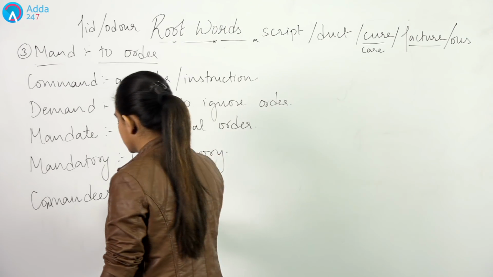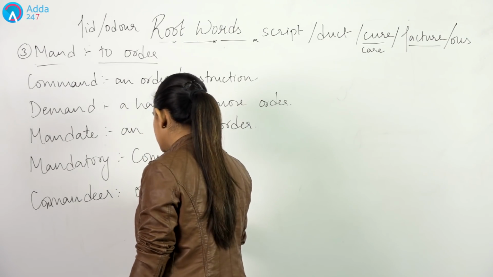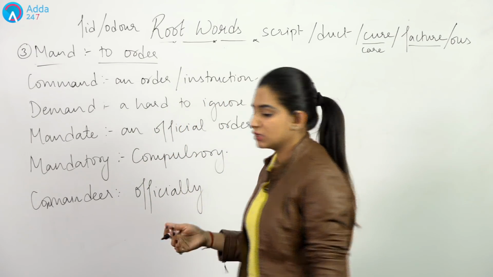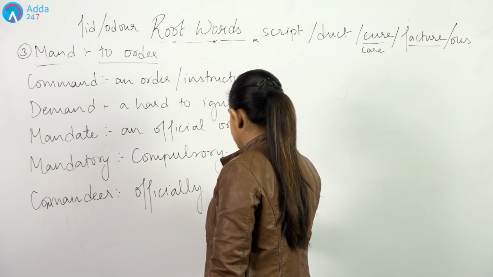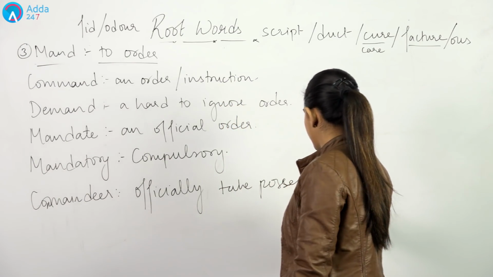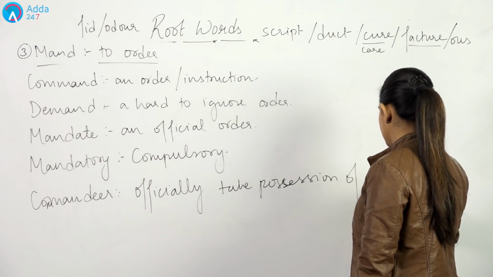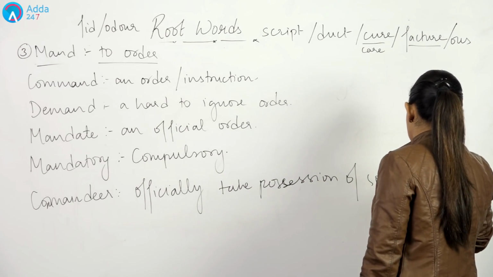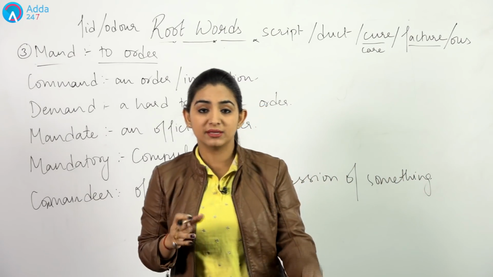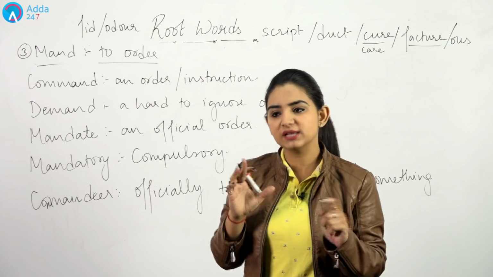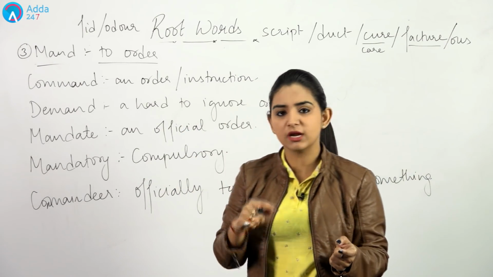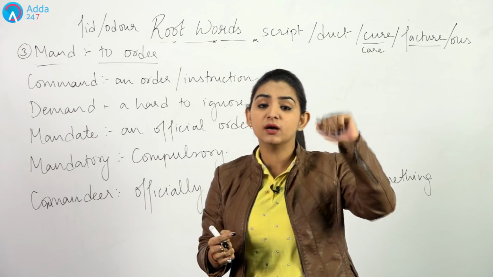Next is commandeer. Commandeer is official acceptance of responsibilities by somebody. So officially take possession of something. Suppose you buy a second-hand car, it's not named under your name, it's named under the owner's name.